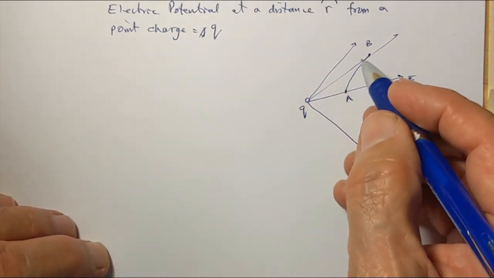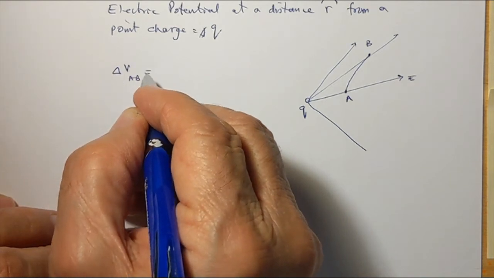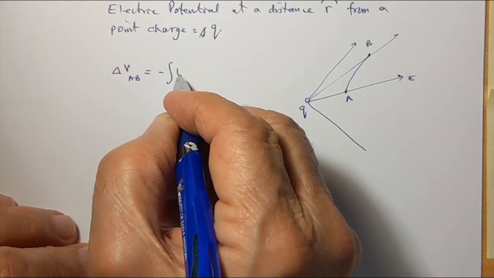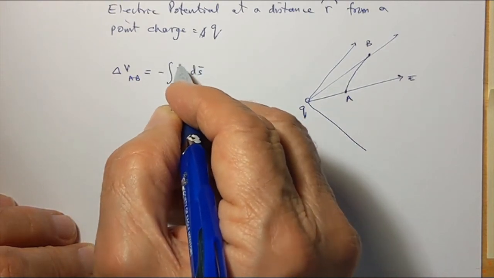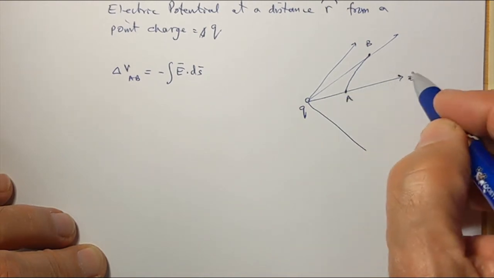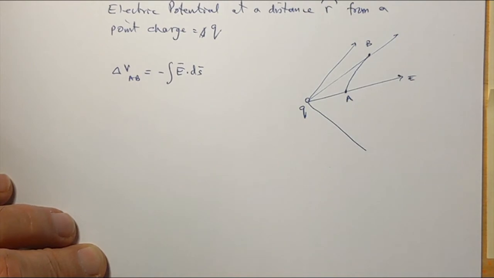And so the difference in potential between these 2 points, delta V AB, is, as we had before, going to be minus integral of E dot ds. So the electric field is pointing this way, and the ds is going upwards, and then it's turning.